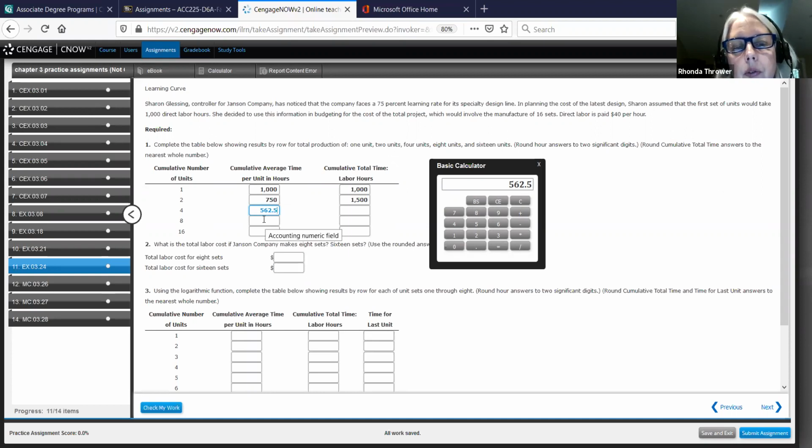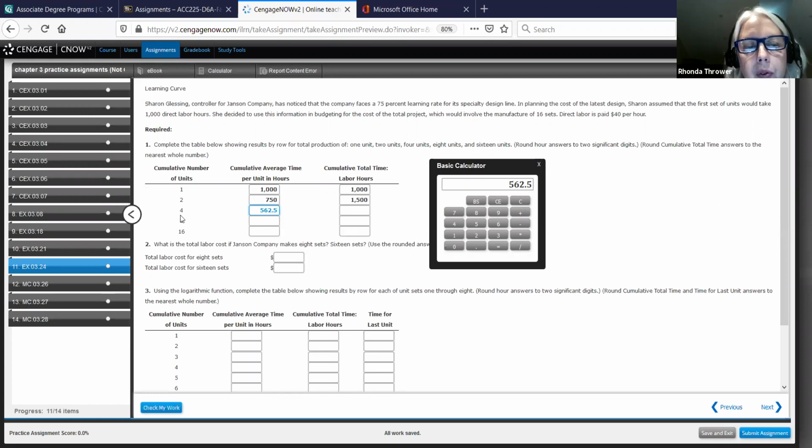So 562.5 hours is okay to put in here because we're rounding our hours to 2 significant digits. So it just carried it out 1 digit, so we'll use that.